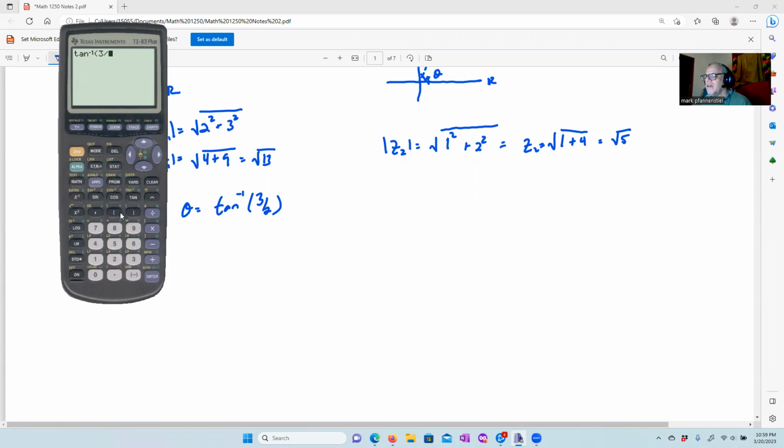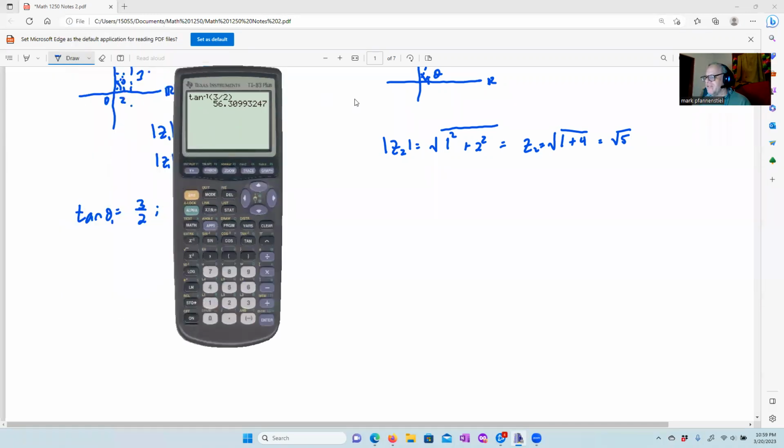All right, 3 divided by 2. There we go. So that angle, we're just going to do it in one decimal place for this. We're going to say it's 56.3 degrees.